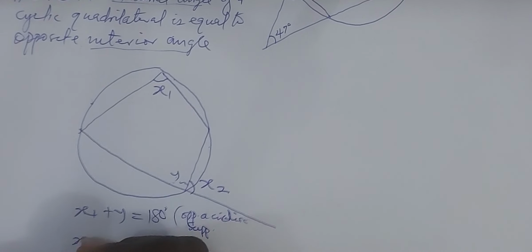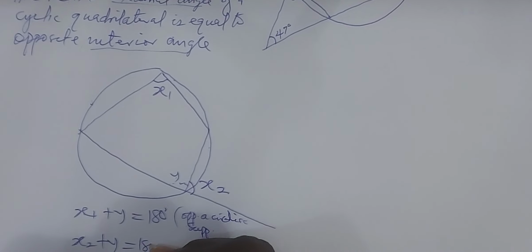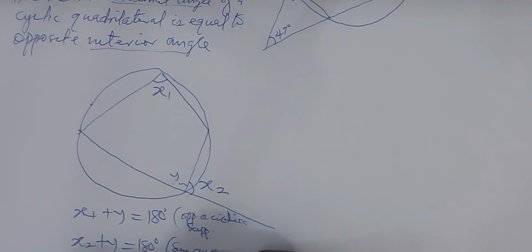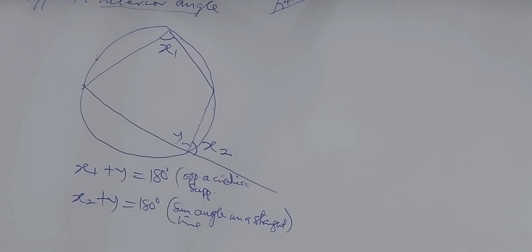Also, we have x2 plus y is equal to 180 degrees, sum of angles on a straight line. Are you following?